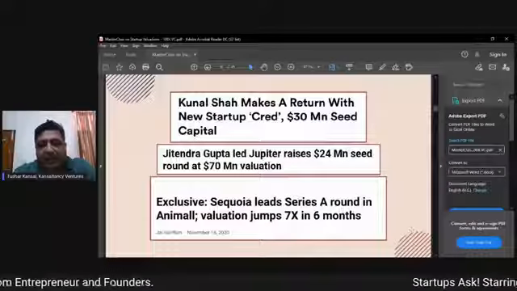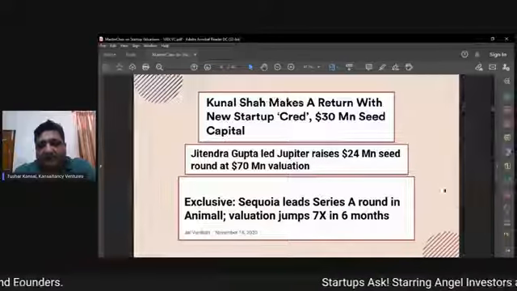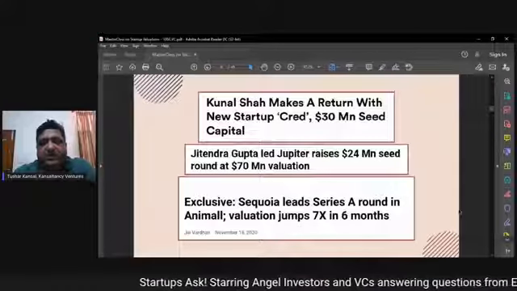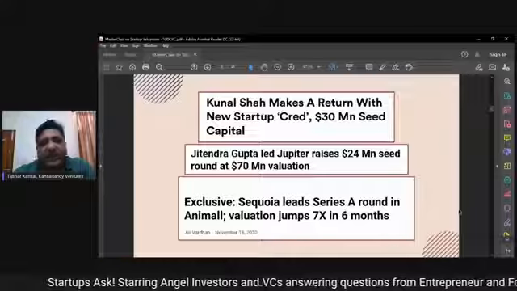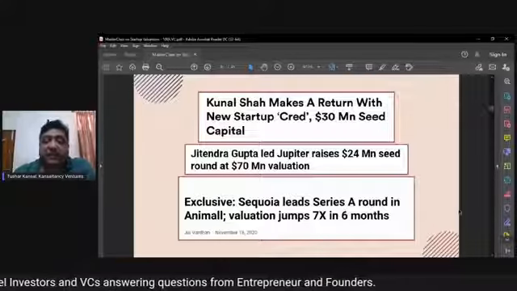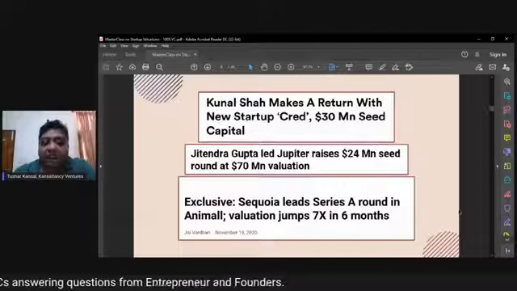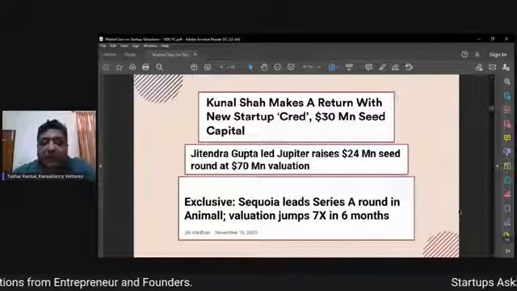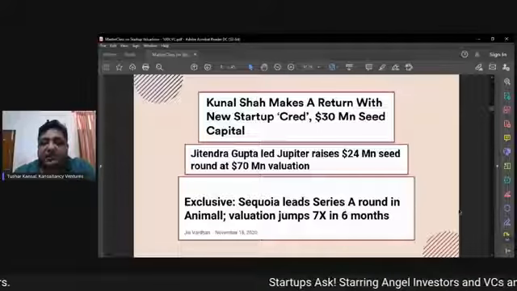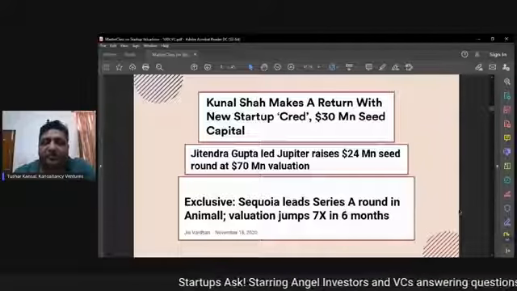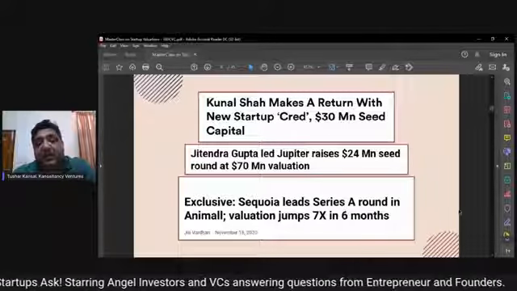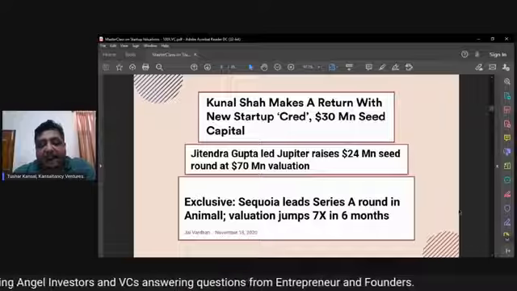These are some examples of those founders who have already achieved a handsome exit, and when they start up again, what kind of valuation they get. Kunal Shah sold his company Freecharge to Snapdeal for, I think, $300 million. So when he started his new company Cred, he got $30 million as seed capital.